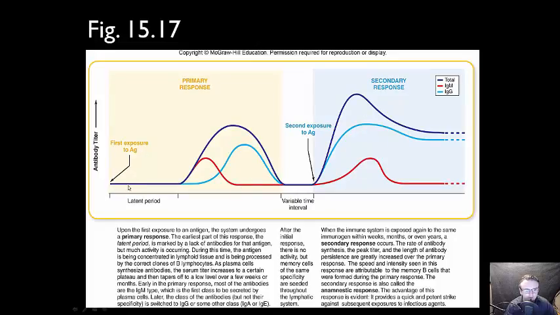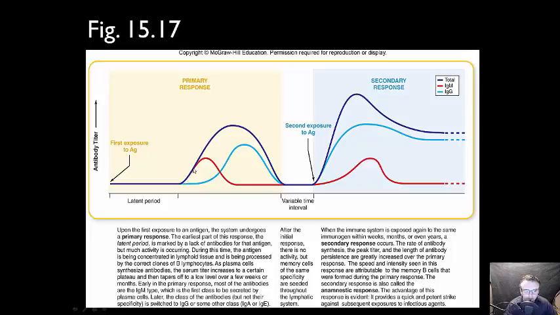Now, this is showing the difference in antibody production. Titer, by the way, is a term that describes the quantity of antibody in the blood. So a titer is a measure of antibody in the blood. That's what that is. So antibody production goes up here. As the line goes up, that's showing an increase in antibody production. And up here, note that we're looking at total antibody production.